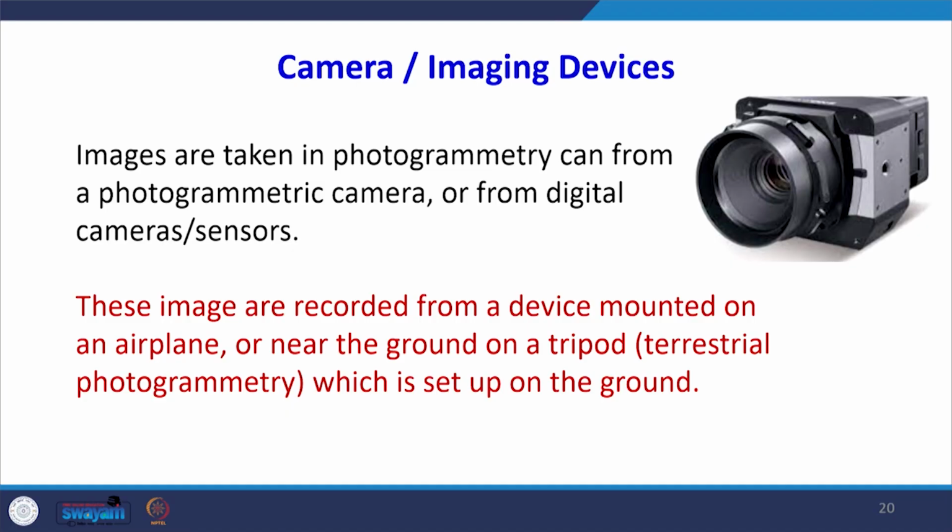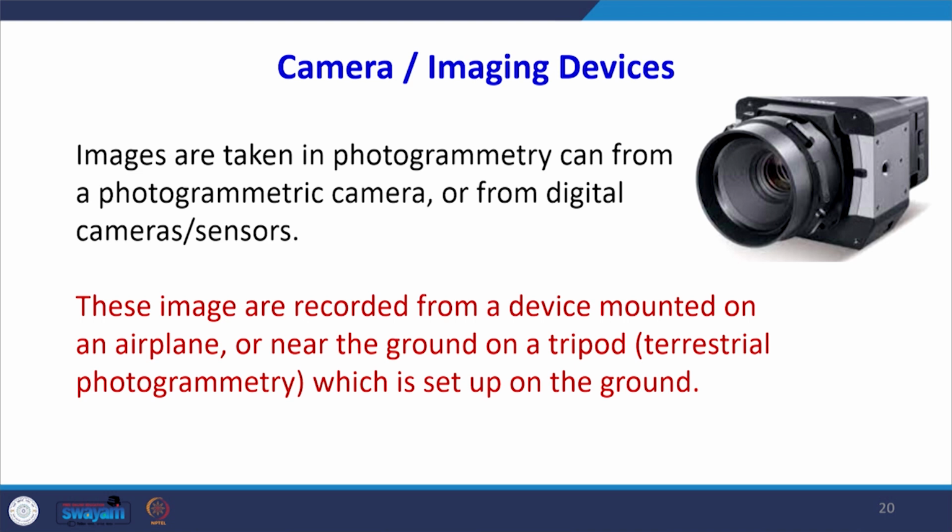Different cameras have also come up in the market, looking at the demand. We need an imaging device, a camera which could be mounted on the aircraft to take images of the area. These cameras were mounted looking downward most of the time on the aircraft.